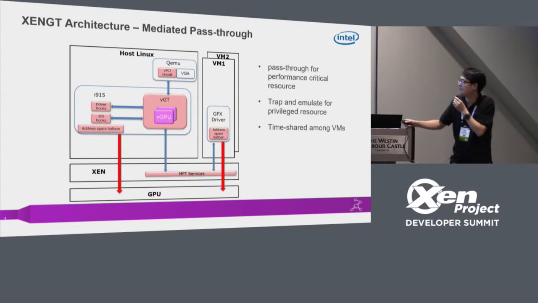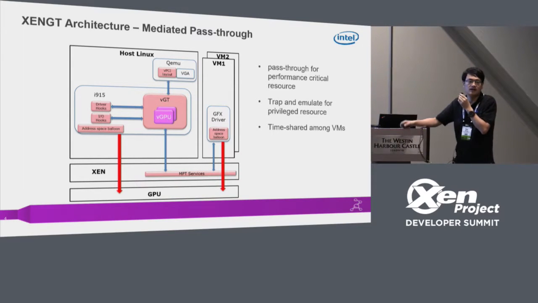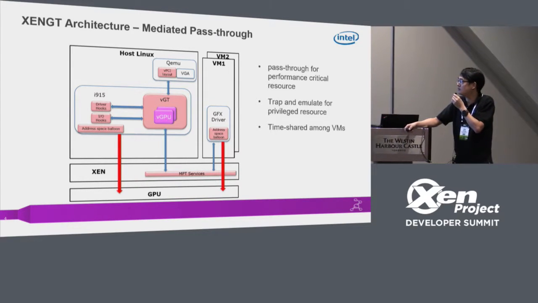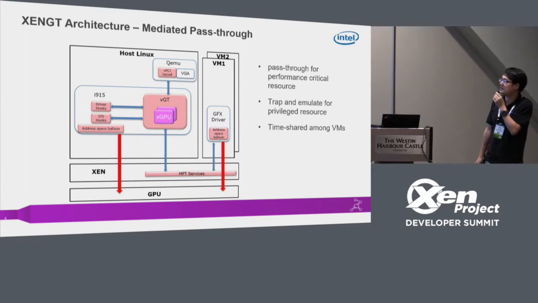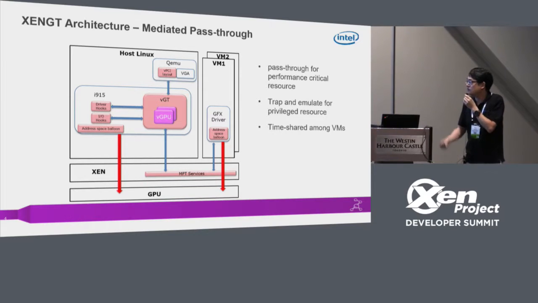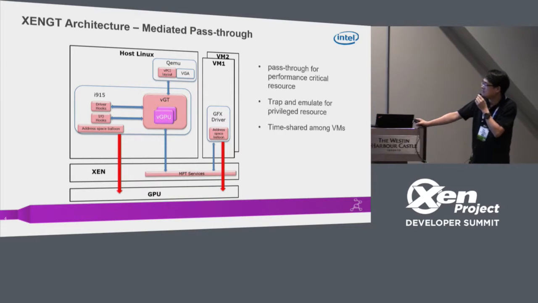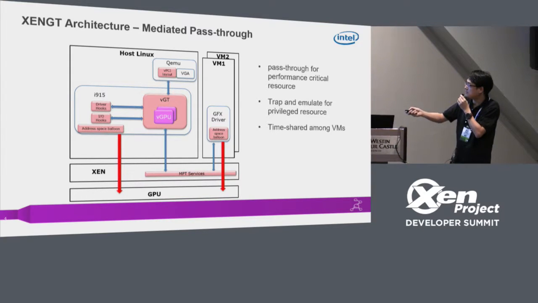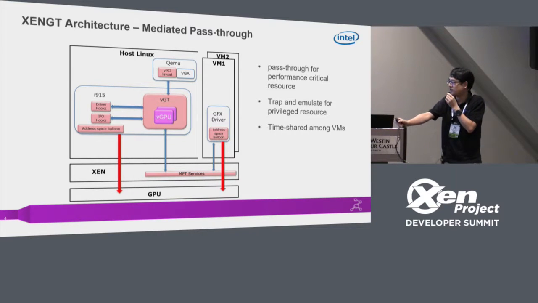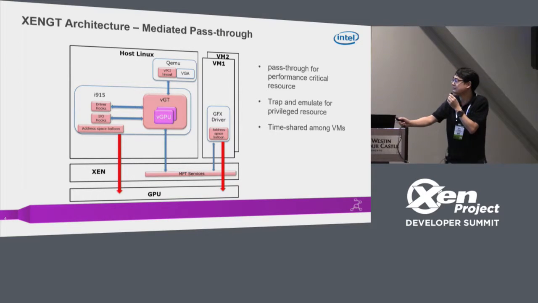If you attended the Xen Summit last year or the year before, this is a high-level architecture you may have already seen several times. I will not go into details, but one thing to mention is that we maintain a vGPU instance in our device model. Basically, to support live migration is to support the migration of this vGPU instance.